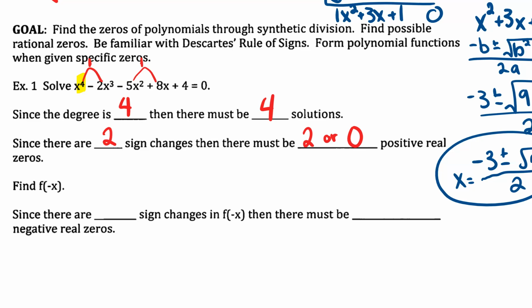All right, moving on to find out how many negative real solutions we have, we find f of negative x. So what I mean by that is we're going to take the original function and we're going to plug negatives in, negative x, every time you see an x.